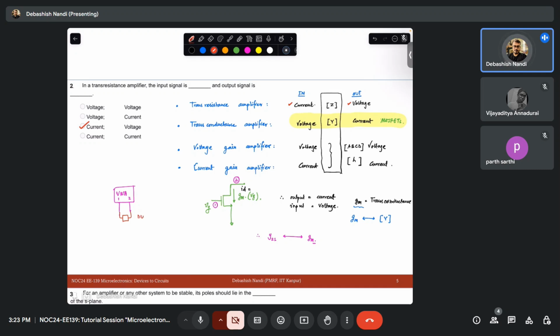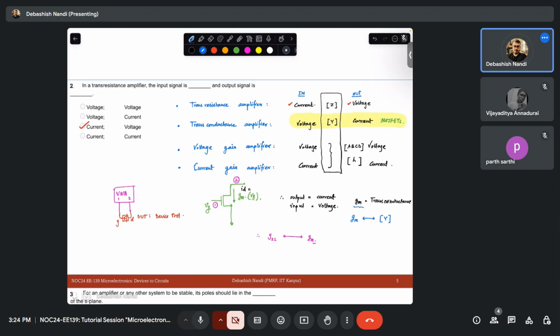DUT means your device under test. So if you connect your port 1 at the gate side and the drain side is this, and this is, let's say, the MOSFET. Fine. So what you will see is how we generally measure GM.